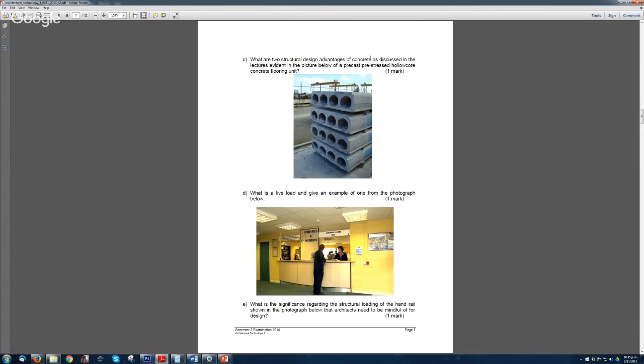Structural design advantage of concrete. I think it's like a strong compression resistance or something. Durability. And low maintenance.